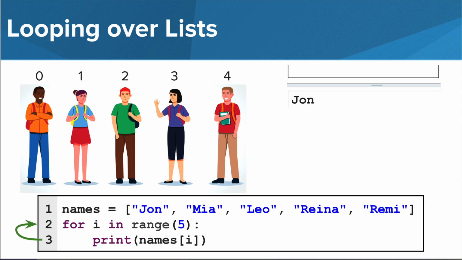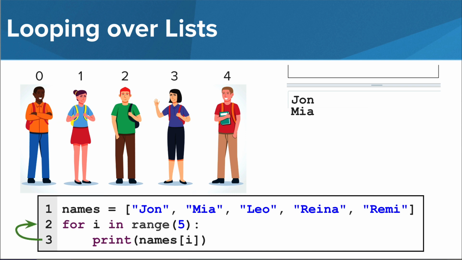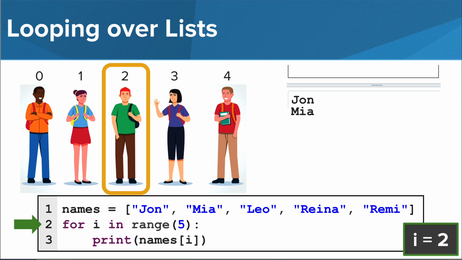The loop returns back to line 2, where i is increased by 1 and becomes 1. When the command is run now, the value at index 1 is accessed, and we see Mia printed to the console. The loop returns back again, and the value of i is increased once more, so it's now 2. When the command inside is run, Leo, the value at index 2, is now printed.